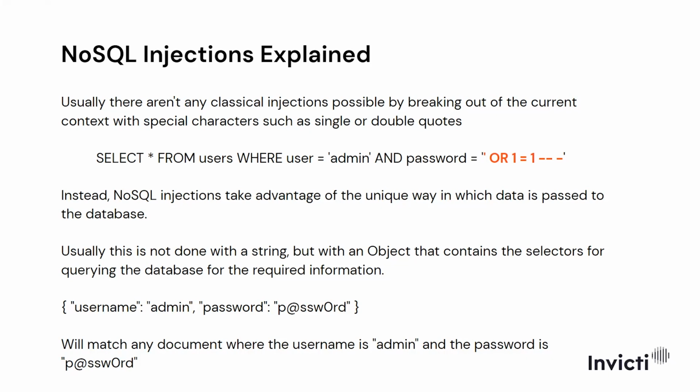Instead, they take advantage of the unique way in which data is passed to the database. This is not done with a string usually, but with an object that contains the selectors for querying the database for the required information. Here we have a user called admin and a password called password. If we are using this query, it will only match the document where there's a user called admin with a password called password. And so you could not get the admin user without knowing their password.